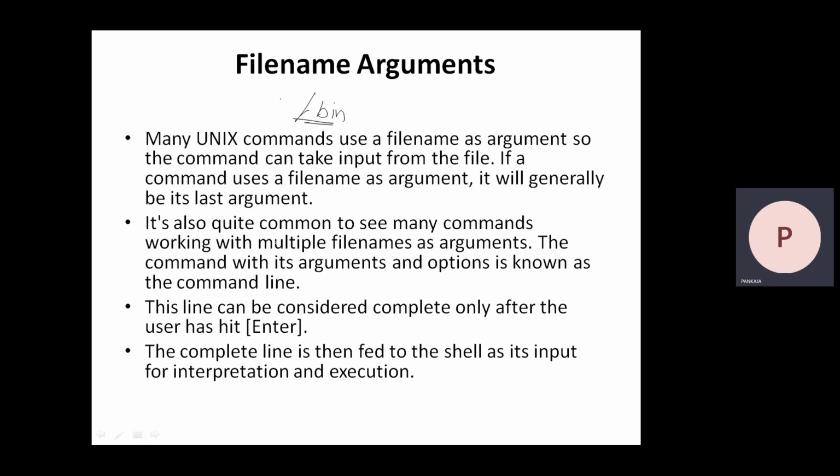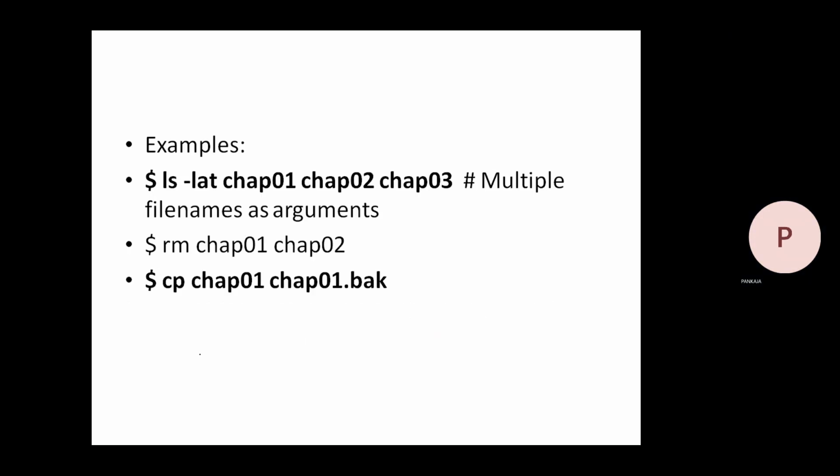And also I told it is going to accept multiple file names. Depending on your interest, you can give multiple file names as an argument. This is an example of how you can give multiple file names as arguments. This is ls -lat. Don't worry about what -l is.